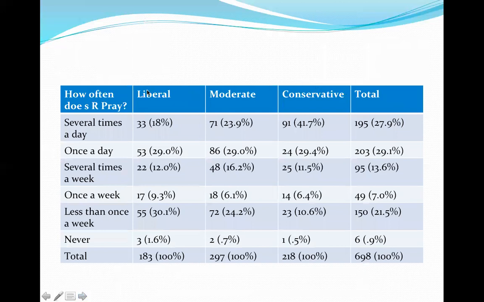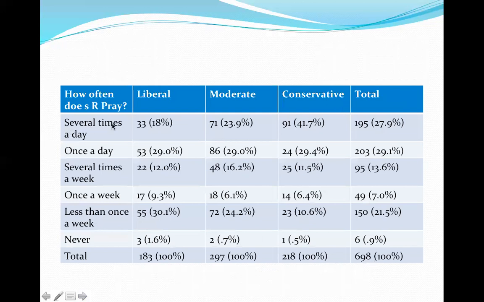of a cross tabulation. In this example, the columns are liberal, moderate, and conservative. So ideology on just a 3-point scale. And then the dependent variable is how often does the respondent pray? And we see the different options in the column. And so again, you see your column totals equal to 100%.